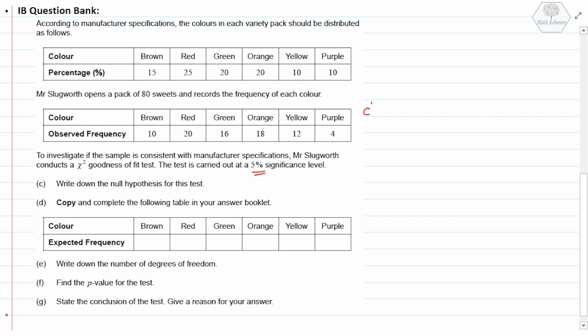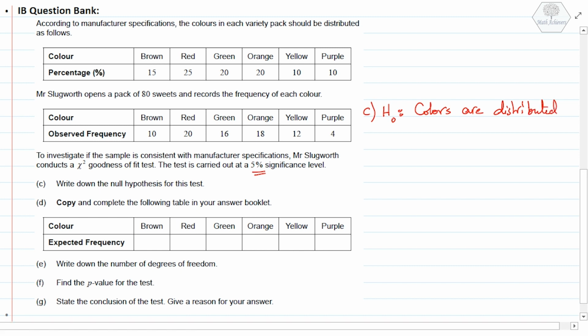H0 is that colors are distributed according to the manufacturer specification.